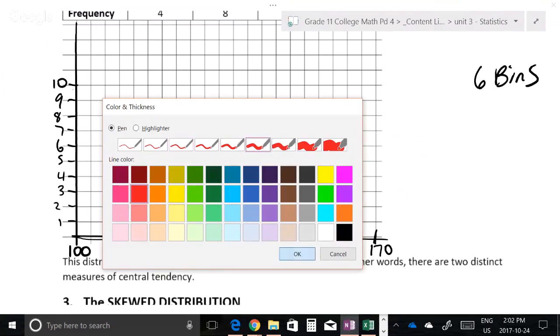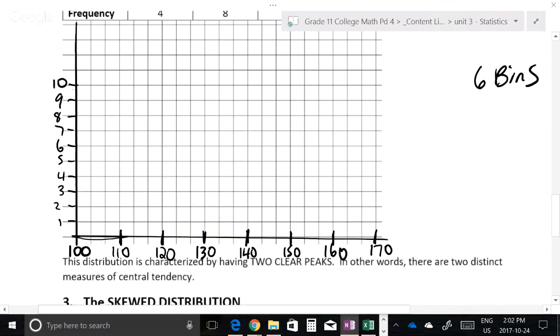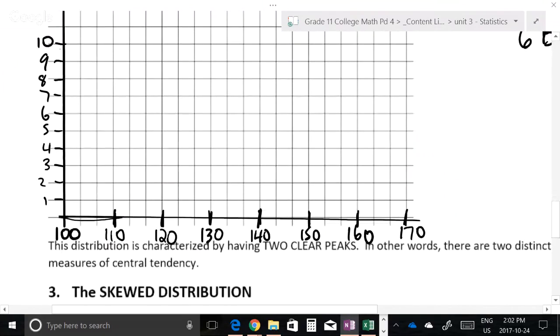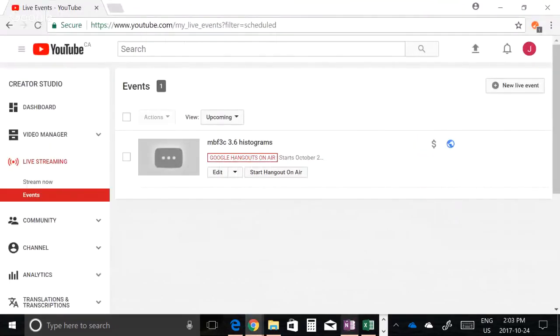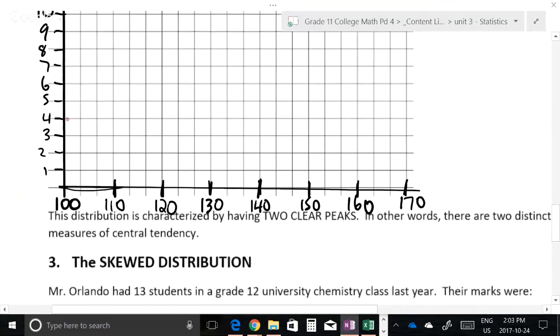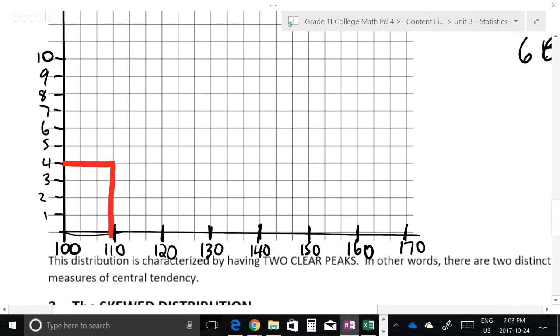So my first one, how high does it go? From 100 to 110. There we are. To 4. Okay. And my next one, Chelsea. What's my next one? Sorry, I'm old and deaf. You've got to be sympathetic to that.